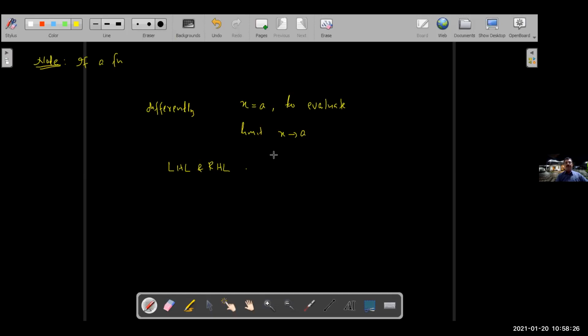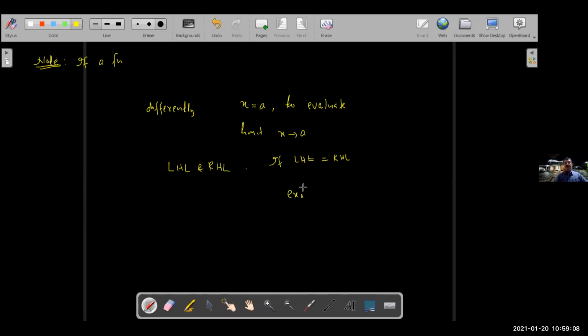Next line, if LHL is equal to RHL, that means if left hand limit and right hand limits are equal, then the limit exists.